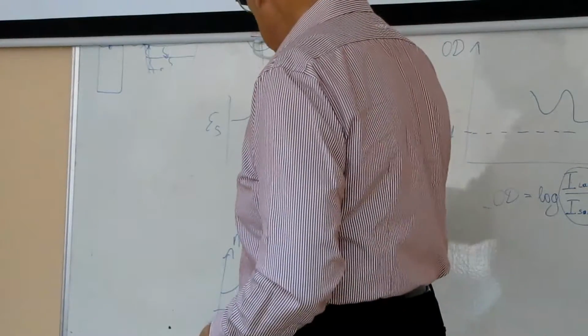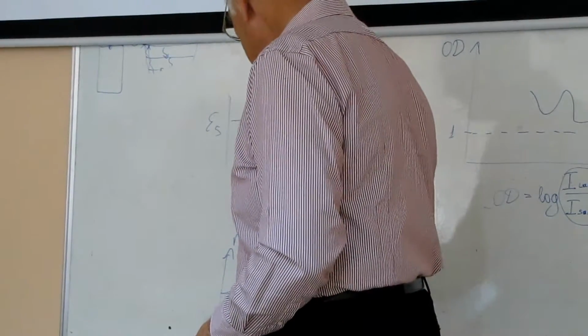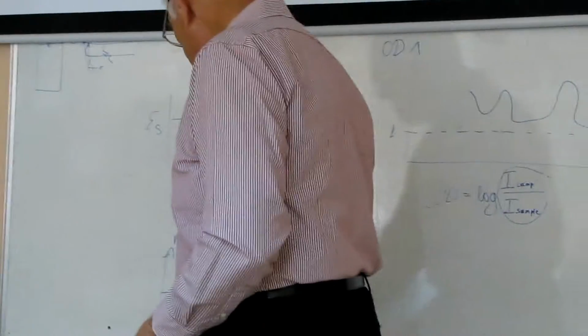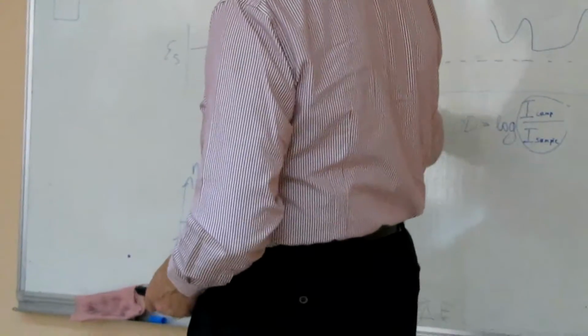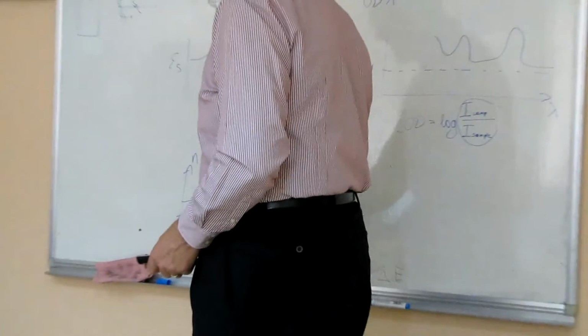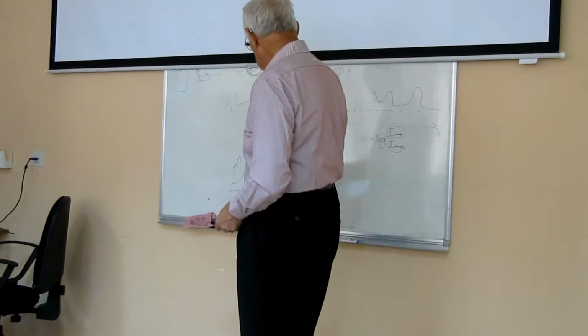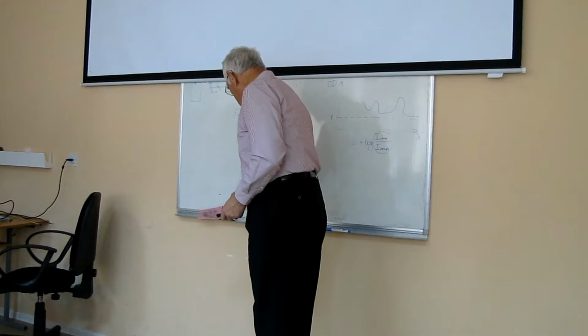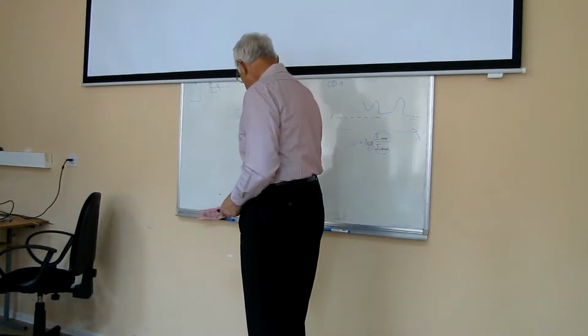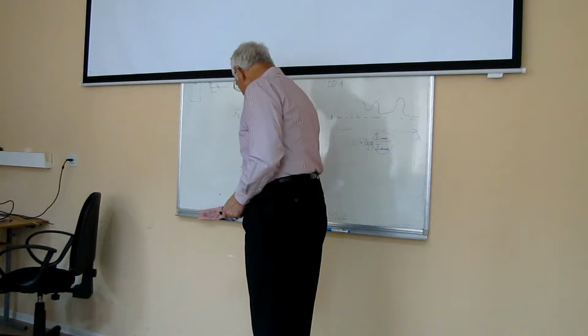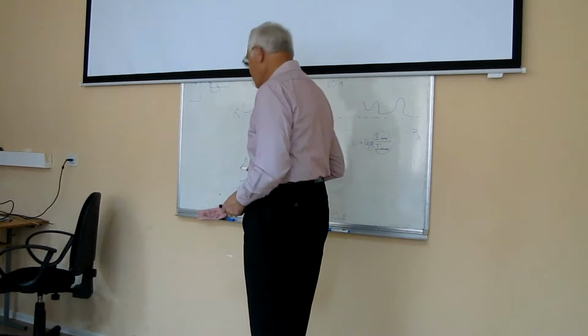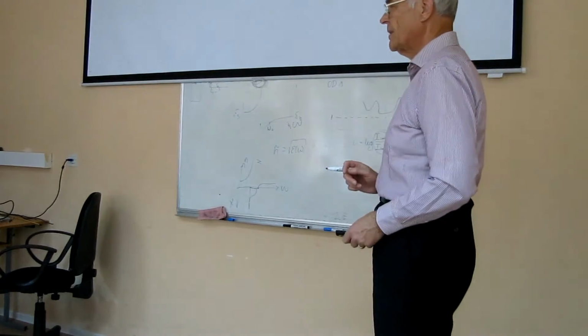The real part of the refractive index in this interval is 0, and then it comes back to the square root of the background dielectric constant. The imaginary part, kappa, has a singularity here, and then it comes back like this.